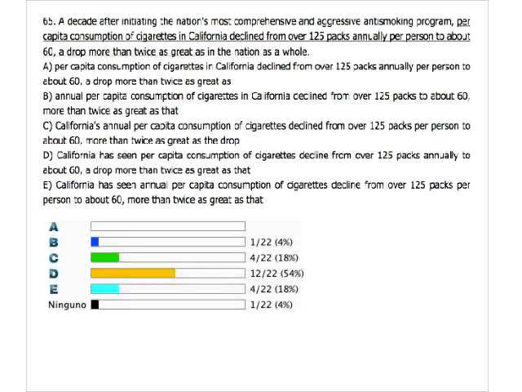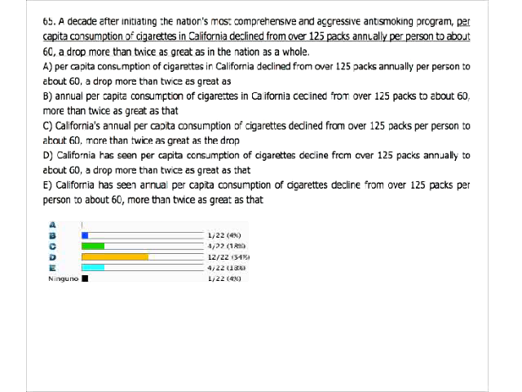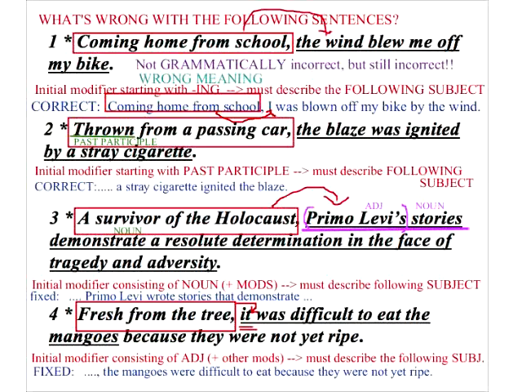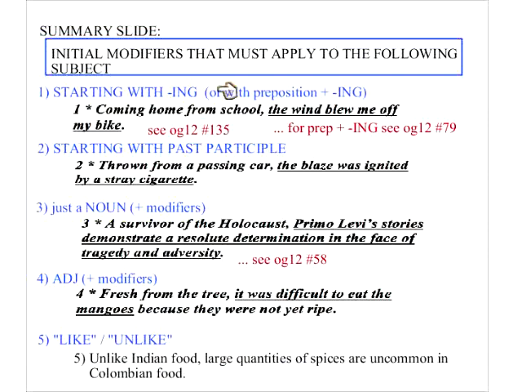A decade after is still, notice that the decade part here is modifying after. So if I say after doing this versus 3 hours after doing this, this is just telling how far after. So in our list of things here, this is still a preposition plus ing, after doing this.